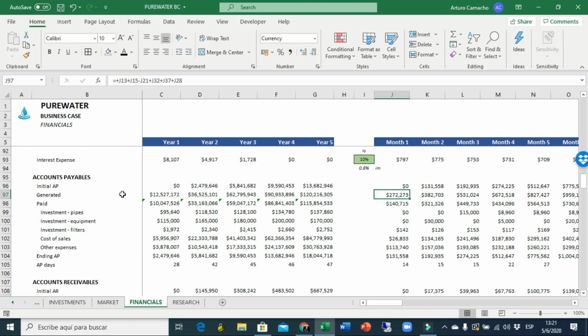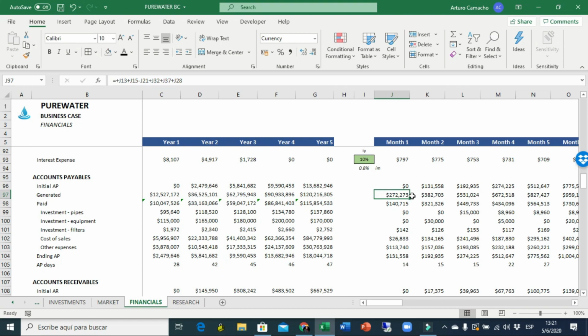The generated part is all the expenses and investments, everything that you pay or should pay in a particular month. So here is the sum of all the expenses and capex and costs except the bad debt.